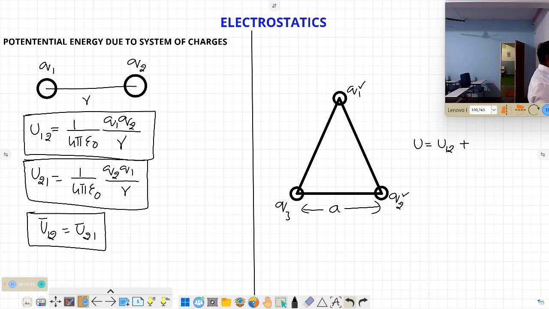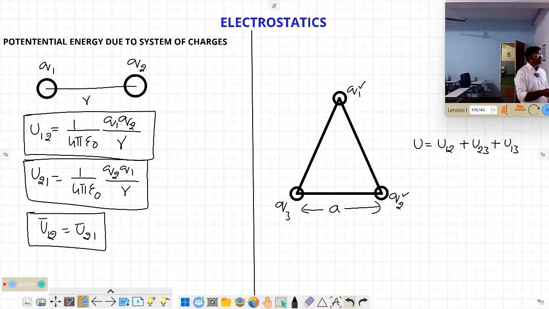Plus, because energy is a scalar quantity, you take the combination of energy of the system, and the second and third charges also form another system, that is the energy combination of 2 and 3. Plus the third and first charge, there is an energy between these two, that is U13.